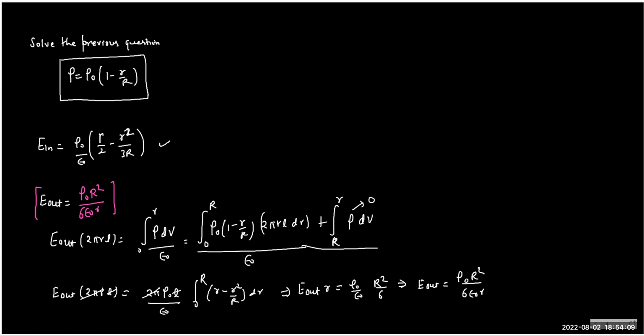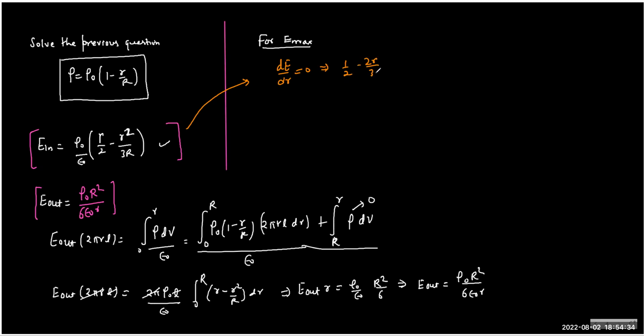And now again, because E is a function, you can see it's a quadratic. So can we say we can find the condition for E max? So for E max, the dE by dr must be 0. And this will imply 1 by 2 minus 2r by 3R equals 0. So r turns out to be 3R by 4. In case of sphere, it was 2R by 3.